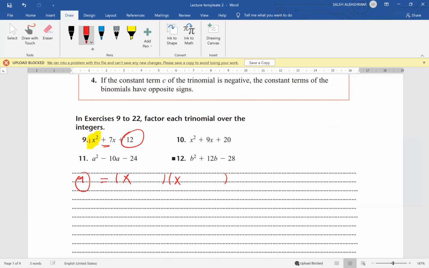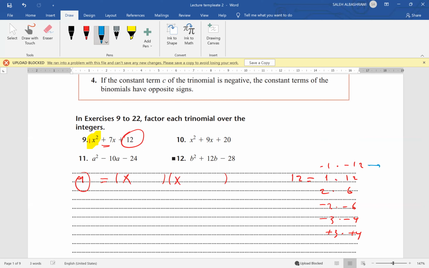and whose sum equals plus 7. The number 12 can be written as 1 times 12, or 2 times 6, or minus 2 times minus 6, or minus 3 times minus 4, or plus 3 times plus 4, or minus 1 times minus 12. Now for the sum, I need to add these numbers.